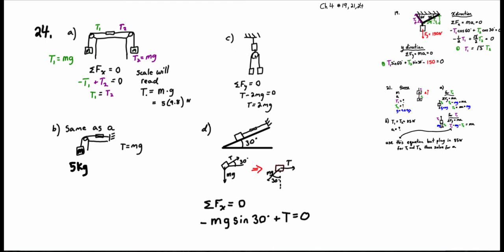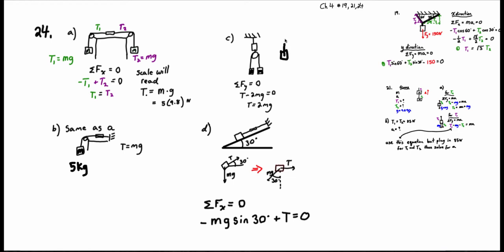And C, well, now you have two masses pulling it down. So in this case, since you have two masses pulling it down, if I look at this tension right here in this string, if I sum my forces in the y direction, I have a positive T going up.